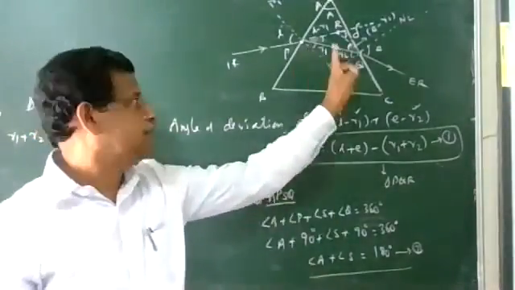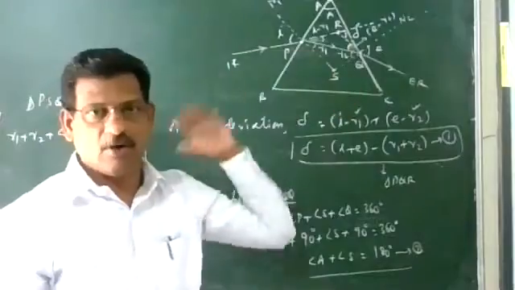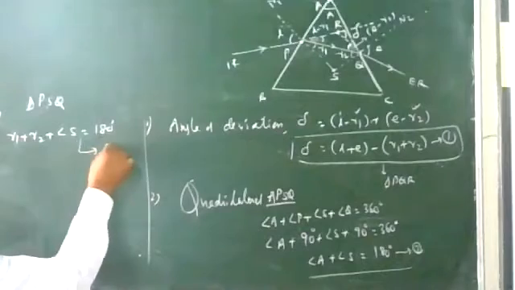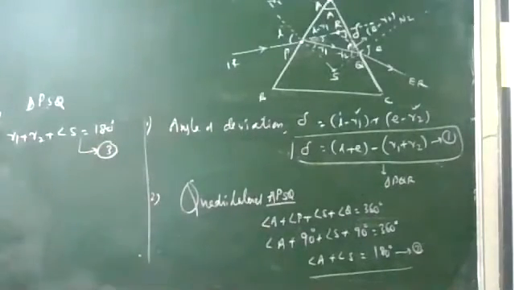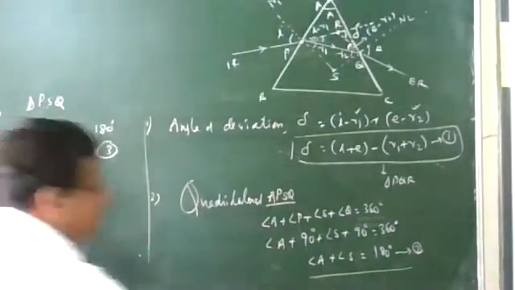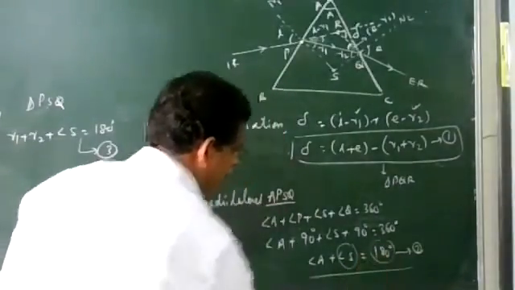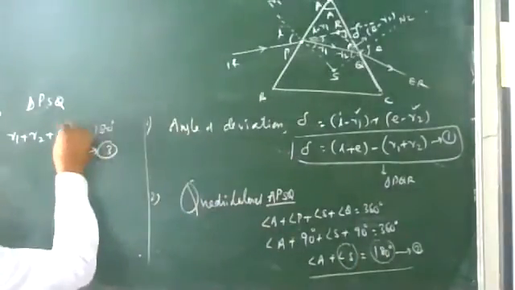R1 is here, R2 is there, and S, all three angles sum to 180 degrees. So this is equation number 3. Then equations 2 and 3. Here angle S is 180 degrees minus A, and here also angle S is 180 degrees minus R1 plus R2.